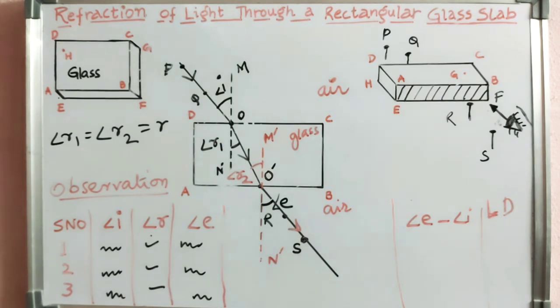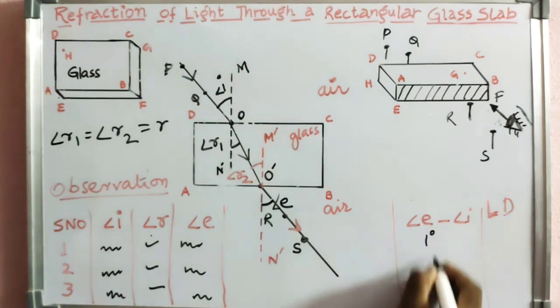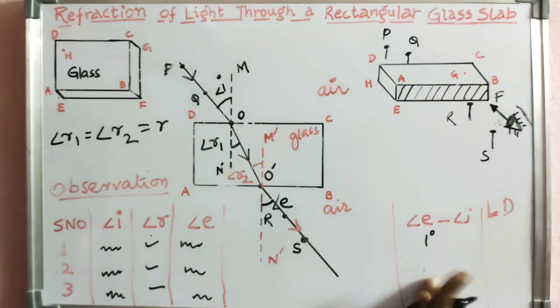If angle of incidence is not equal to angle of emergence, what does that mean? It clearly means that you have not done the experiment properly. Okay, 1 degree mistake can be ignored by the examiner.